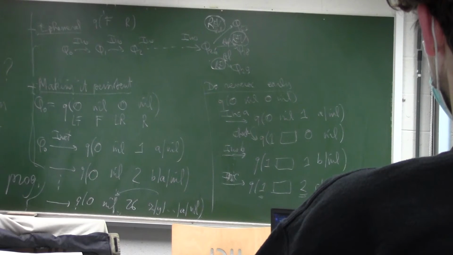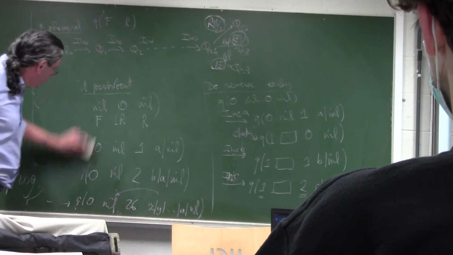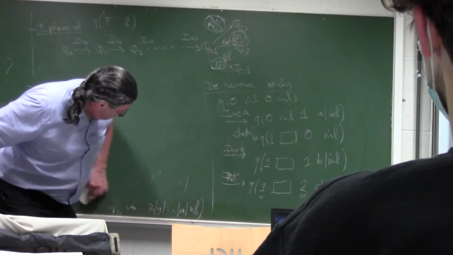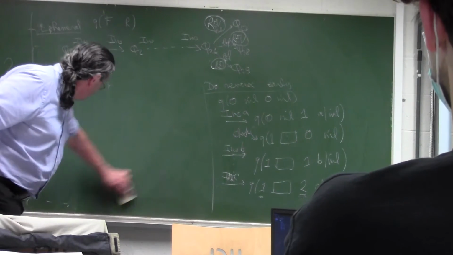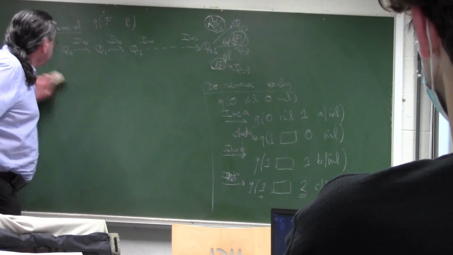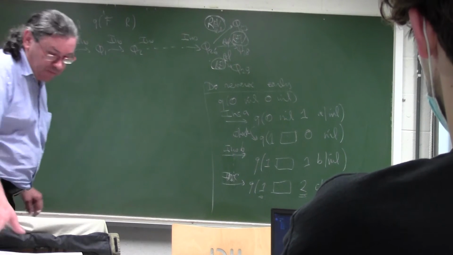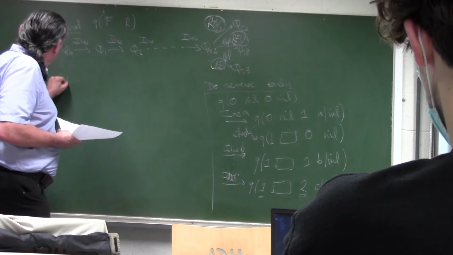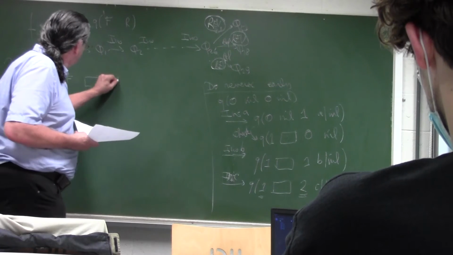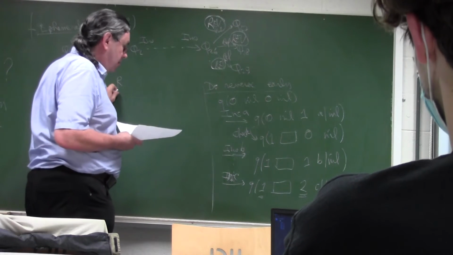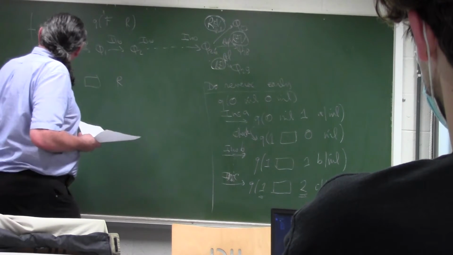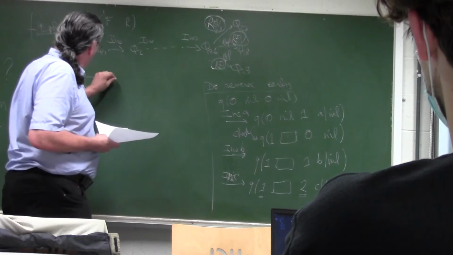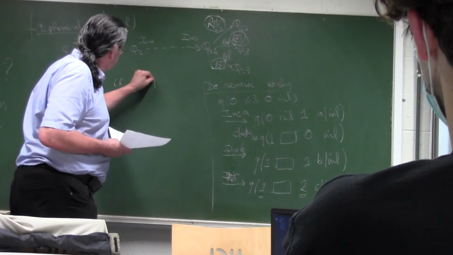Let me make some picture here. So I have something like this. F, this is the length of F, and the length of R. And I have two lists here.